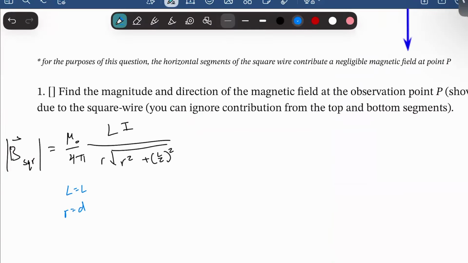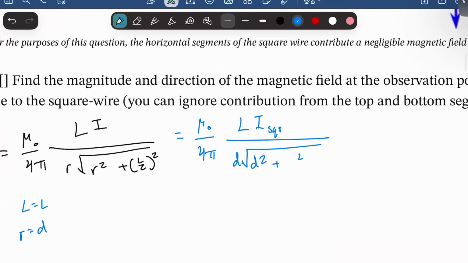So R is just equal to d. So let's plug it in. B squared is equal to mu naught over 4 pi times L, and the current flowing through the wire is I squared, which is an unknown quantity here, divided by R is equal to d, square root of d squared plus, and then I'm just going to simplify, L squared over 4.